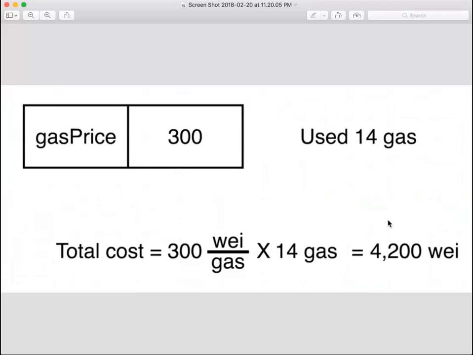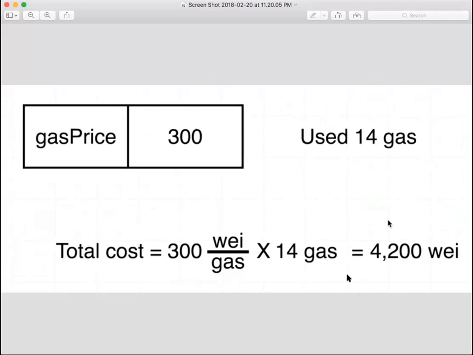All right. So we say 300 Wei multiplied by 14 gas, and the gas units drop out, and what we're left with is only 4,200 Wei. And that's how much money we had to spend to execute this transaction.